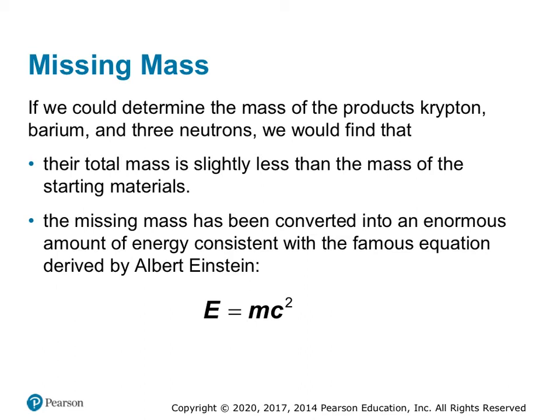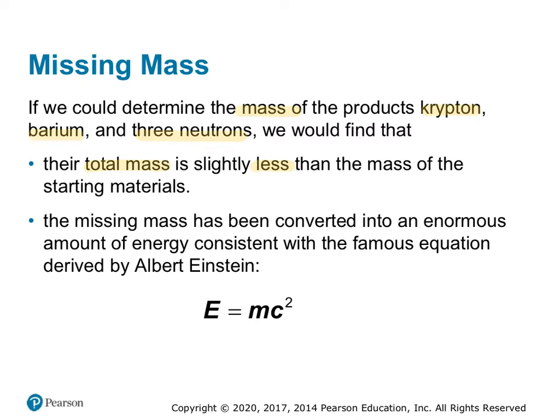If we could carefully measure the mass of the products, the krypton, the barium, and the three neutrons, we would find that their total mass is slightly less than the mass of the starting materials. This contradicts our law of conservation of mass.